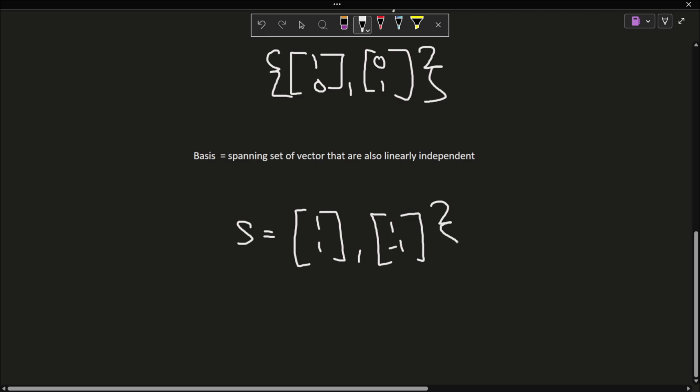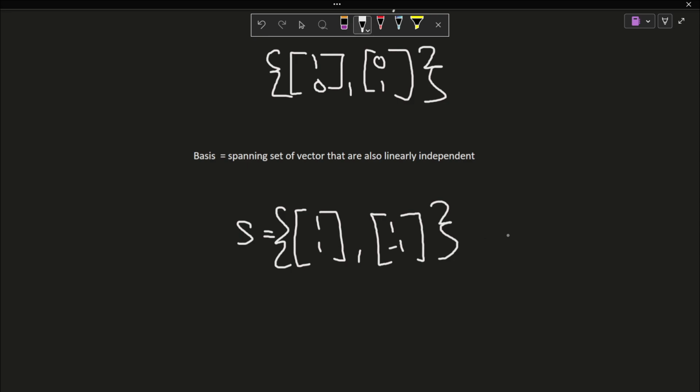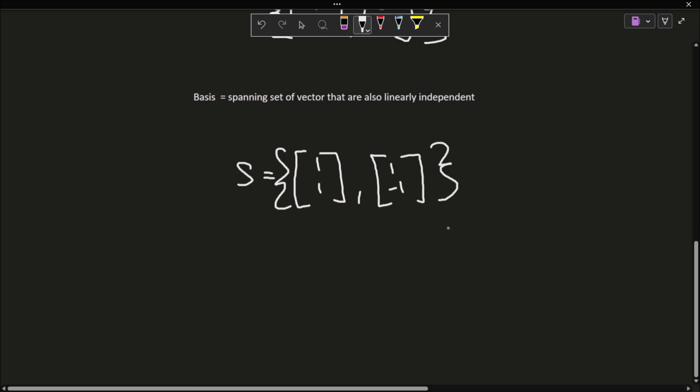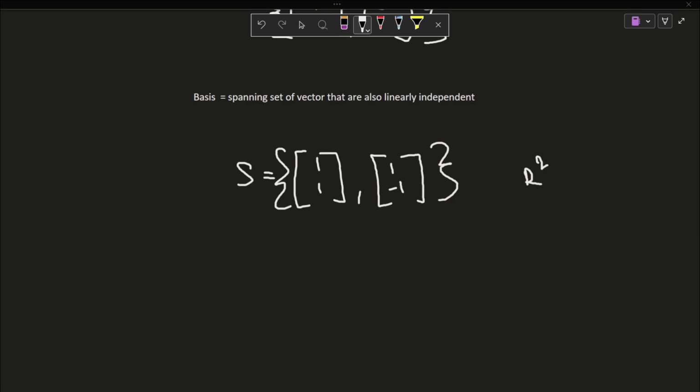I want you to tell me if these are a basis for R2. So for R2, are these two vectors a basis? Take a moment to try that out and then come back.